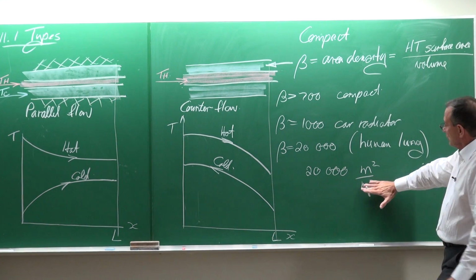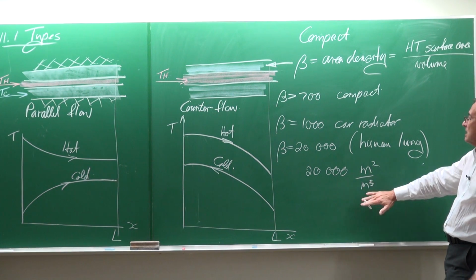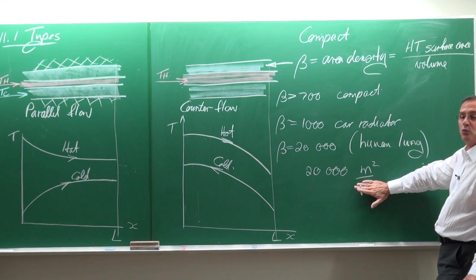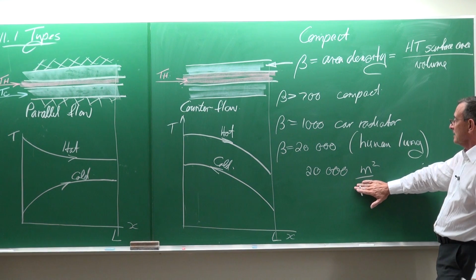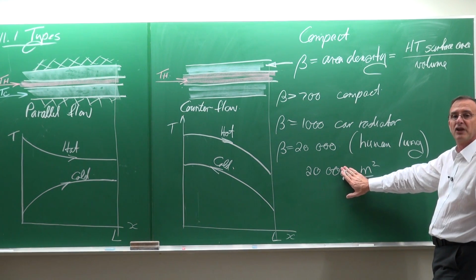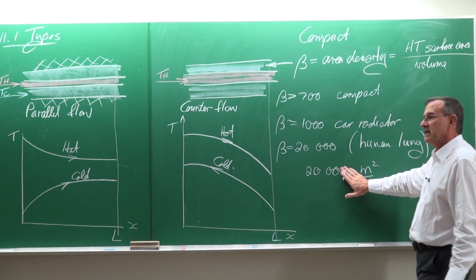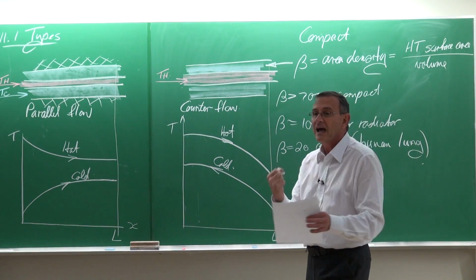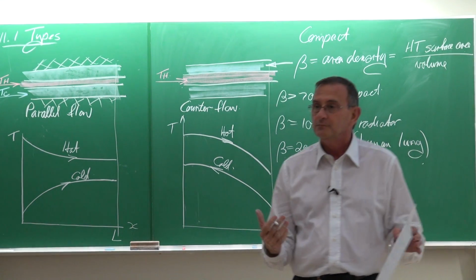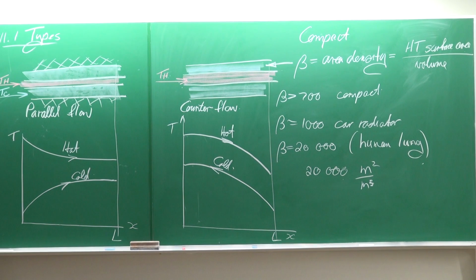Now your lungs are not 1 cubic meter in size, but let's suppose it is 0.1 cubic meters, I don't know if that's accurate, then it would mean it is 2,000 square meters of surface area that your lung has for heat transfer. That is why it is such an effective heat exchanger.